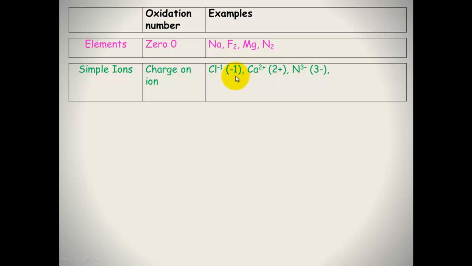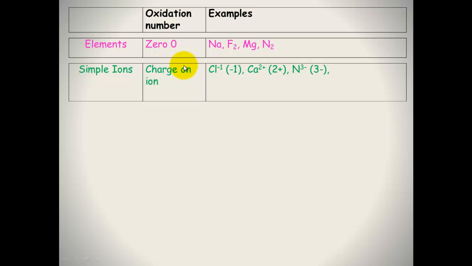Another way to think of it is that chlorine gains 1 electron to get a full outer shell. So chlorine's oxidation number is minus 1, meaning that it gains 1 electron. Calcium loses 2 electrons, so thus it has an oxidation number of positive 2.